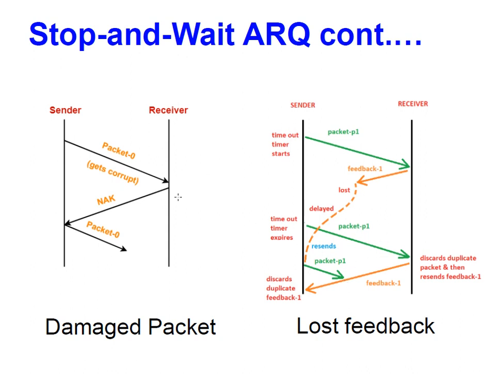The disadvantage in this particular case is that the ARQ has less efficiency, and to increase the efficiency of stop and wait ARQ, we will see the next two types of flow control, that is Go-Back-N and Selective Repeat.